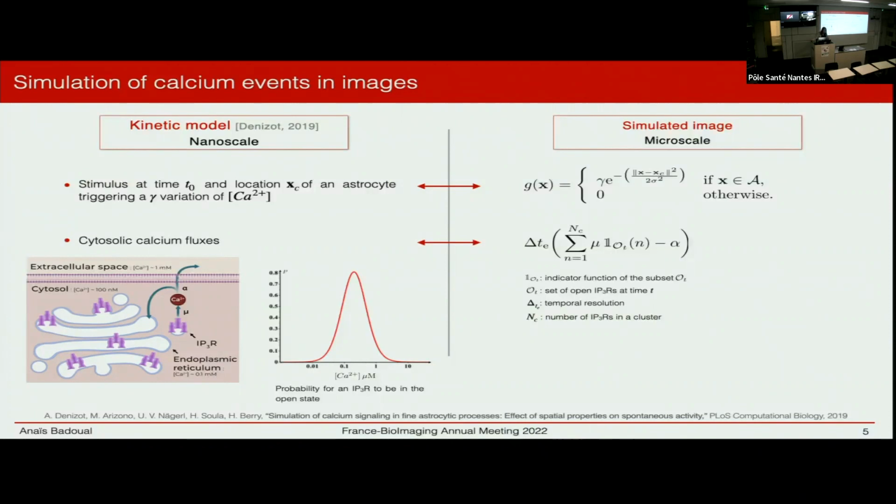We consider that when an IP3R is open, it releases calcium ions with a rate mu, and obviously when it's closed, they don't.